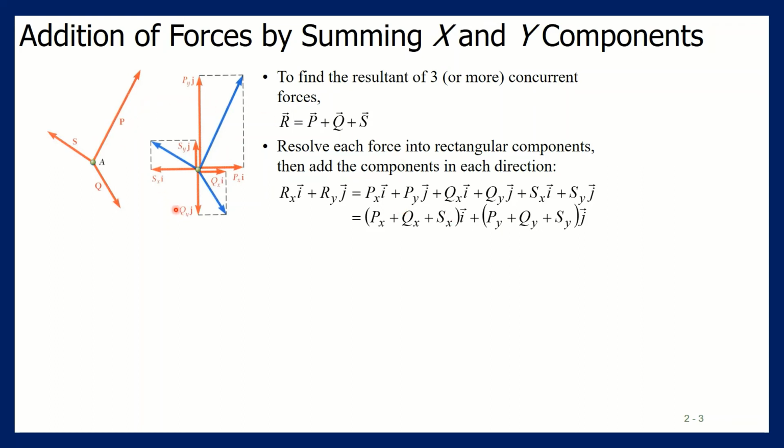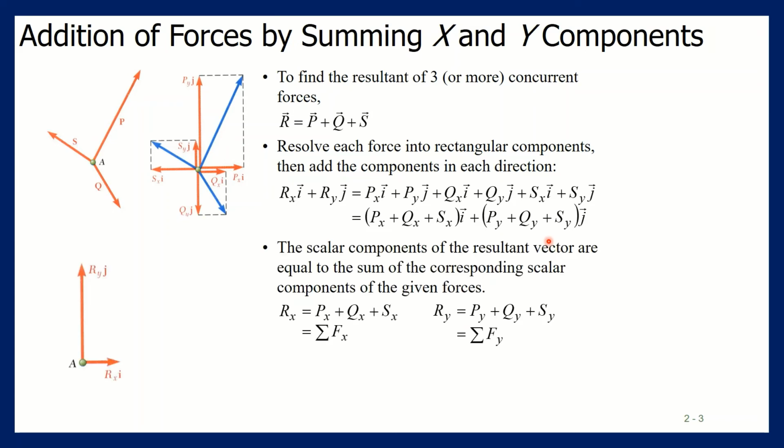Then similarly Q, you will break Q into Qxi and Qyj, then S. And you will combine the forces in the same direction, that is in the x direction. We will combine Px plus Qx plus Sx, and we will write them into the bracket, then i. Now similarly Py plus Qy plus Sy into j. So this is how you can add the forces.